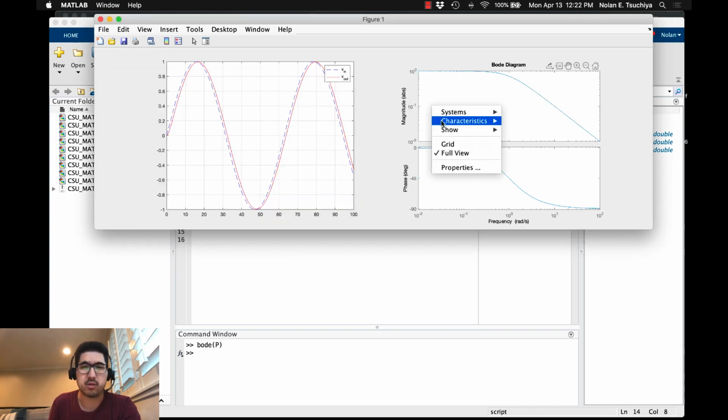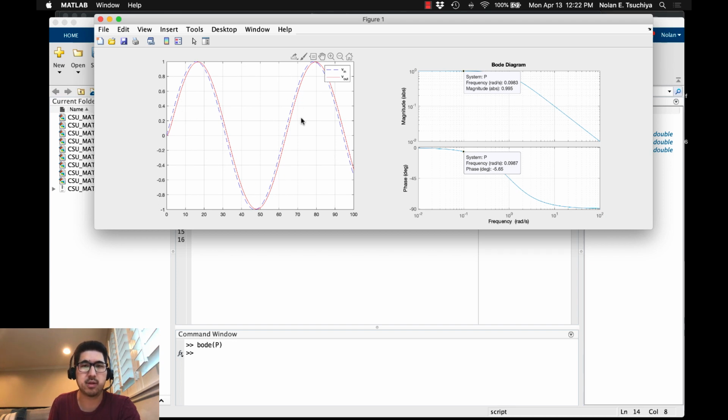Okay, so let's turn our grid on here. So just like before, at that frequency, now we've got it all in one place. We see the magnitude of practically 1 and a phase of about minus 5.5 degrees. That's exactly what we're seeing here in the time domain as we plot the input voltage and the output voltage.